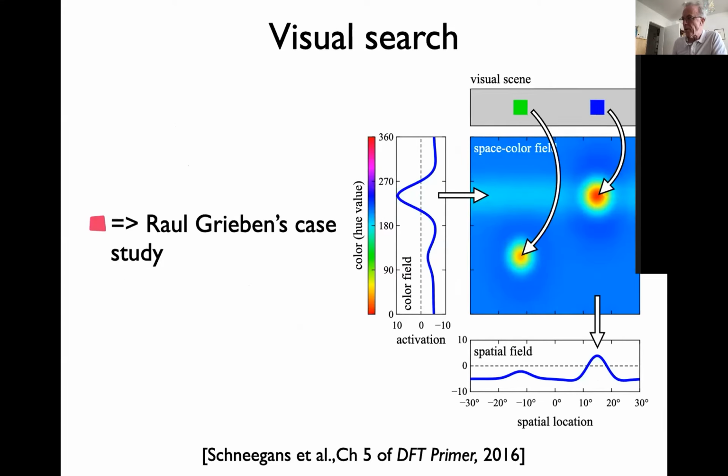Now, when you have these two operations, you can combine them to do visual search. So visual search would mean that, for instance, here you have a scene, there are two objects in the scene, and you know that you're looking for the blue one, and that knowledge is expressed as having a peak in your blue field. That will be a cue that you have.